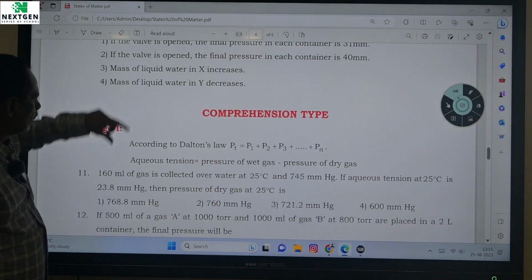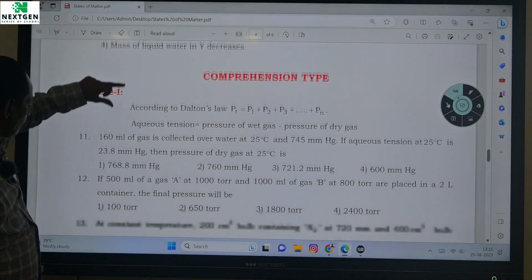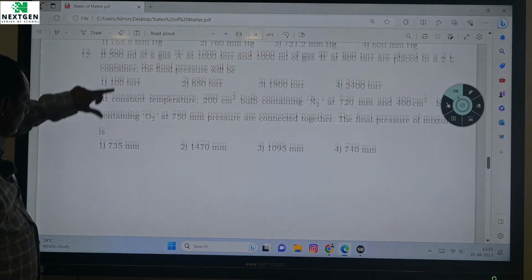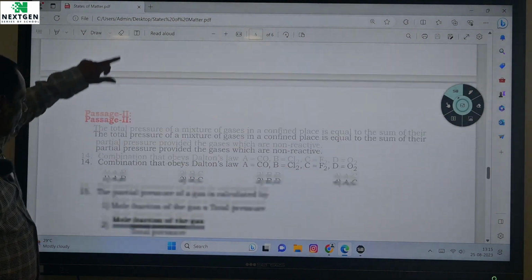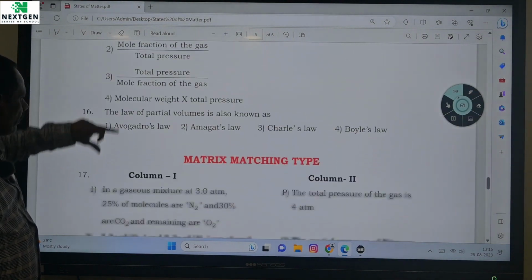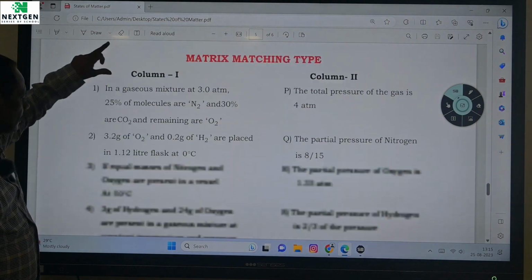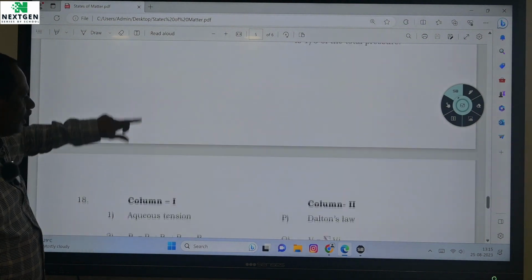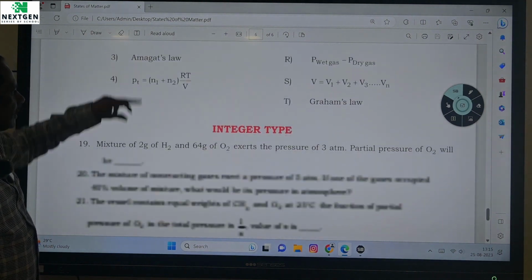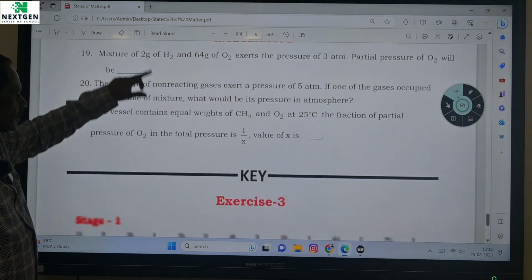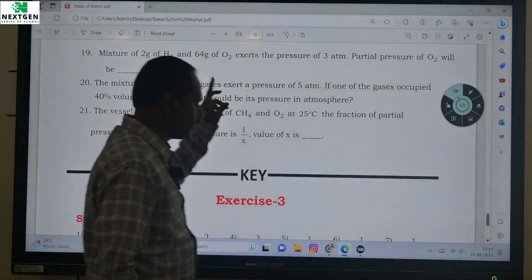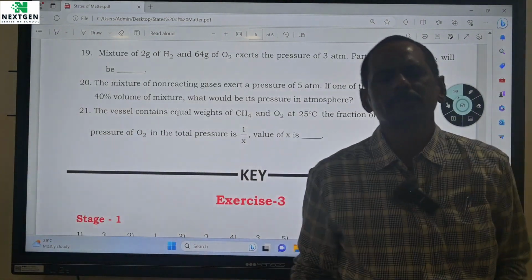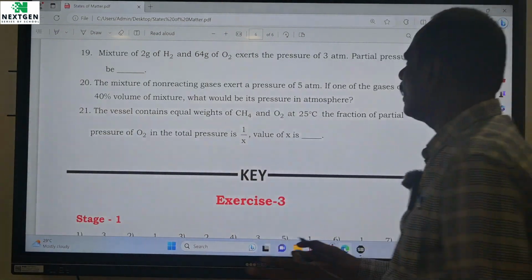Then comprehension type, there are 2 passages given, then matrix matching and integer type questions. The total number of questions is 20 in stage 2 and 20 in stage 1.